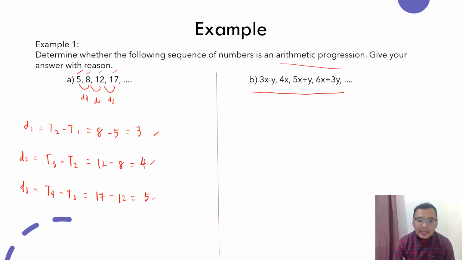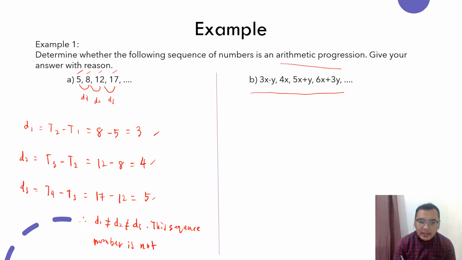So what can we conclude for this D1, D2, and D3? Therefore, D1 is not equal to D2, is not equal to D3. So this sequence number is not an arithmetic progression.